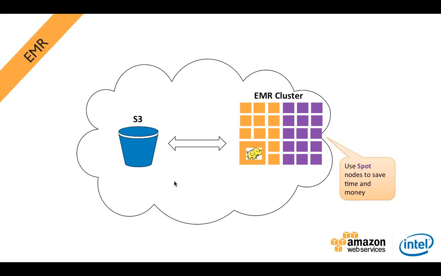The downside of that is that you could potentially lose that instance at any time if the spot price goes above the price that you've bid. But we'll talk about how we've engineered EMR to make sure that you can take advantage of the spot market without actually potentially causing issues in your cluster.